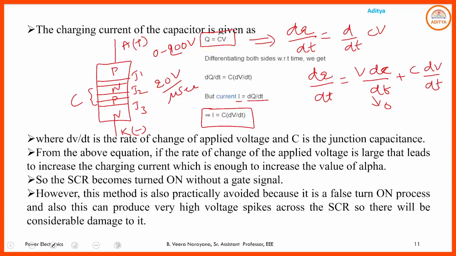Once the SCR is manufactured, the manufacturer will provide the dV by dt rating of the SCR. For example, the dV by dt rating is given as 50 volts per microsecond, and if the rate of change of voltage across the SCR is 20 volts per microsecond, there is no problem.